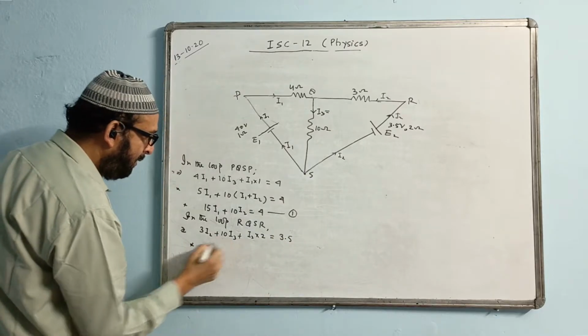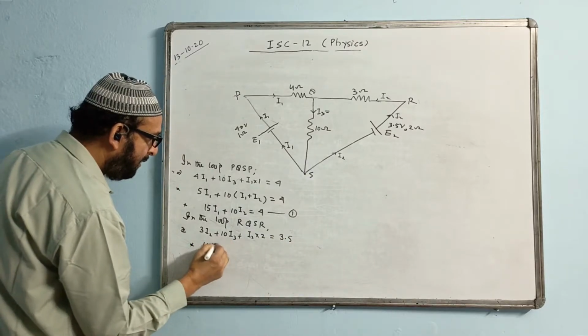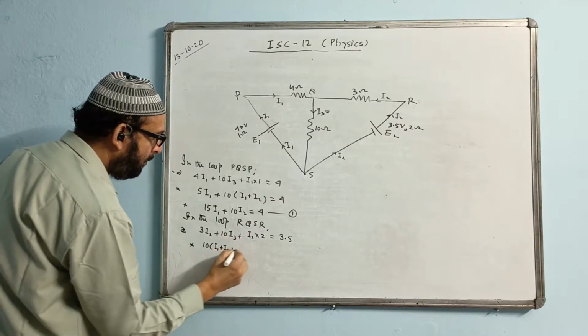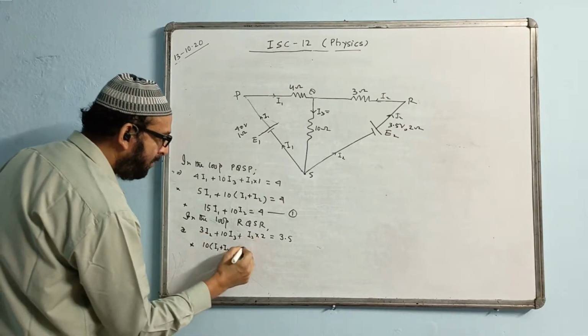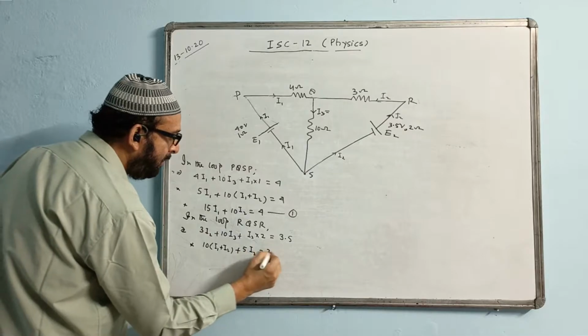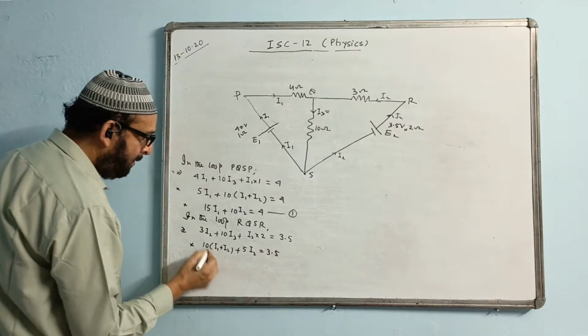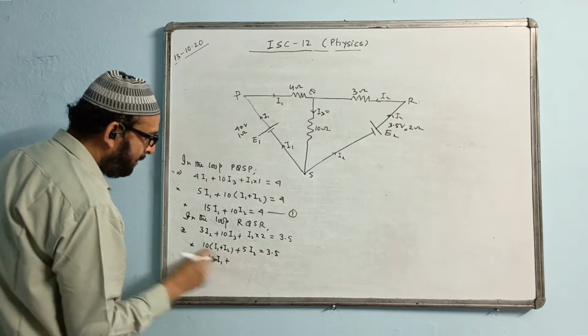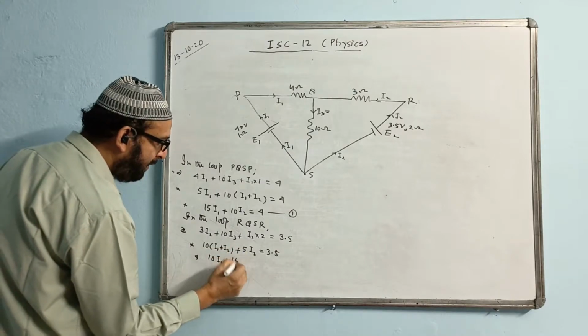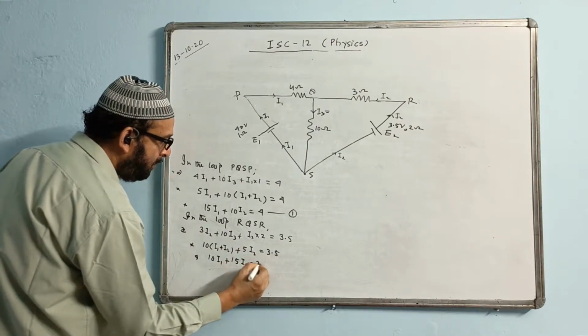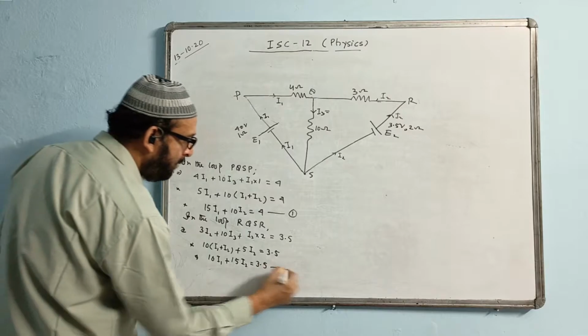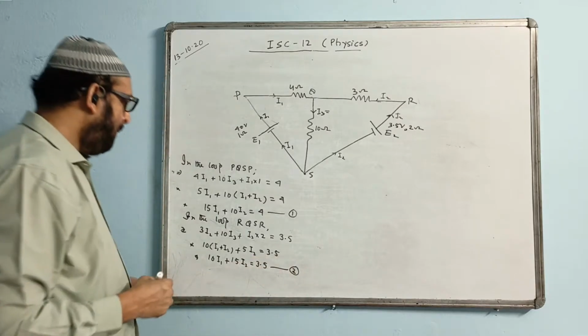Let us simplify. 10I3 we write as 10 times I1 plus I2. 3I2 plus 2I2 becoming 5I2. So 10I1 plus 10I2 plus 5I2, that is 15I2, is equal to 3.5. This is equation number 2.